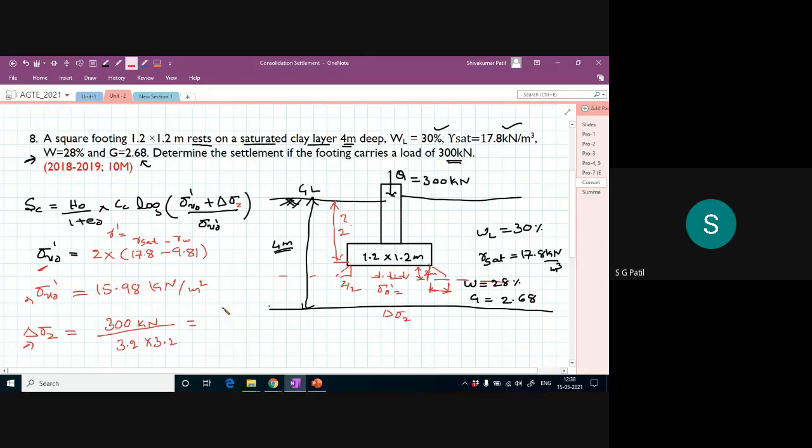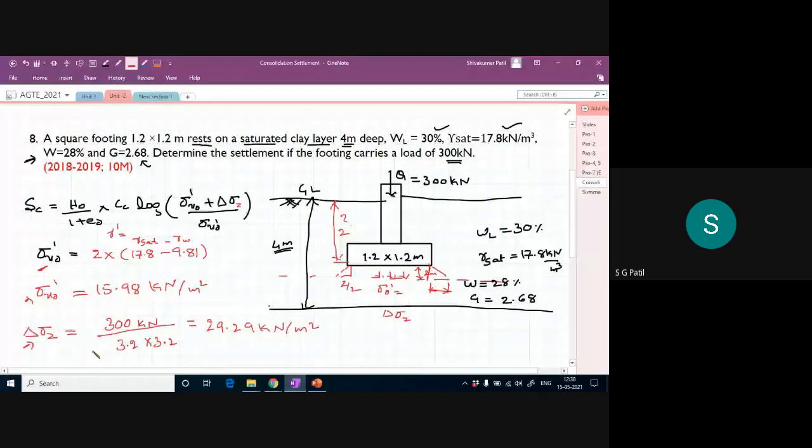So delta sigma Z, how much? 29.29 kilonewton per meter square. So this is my delta sigma Z.